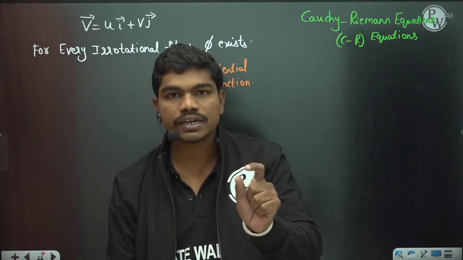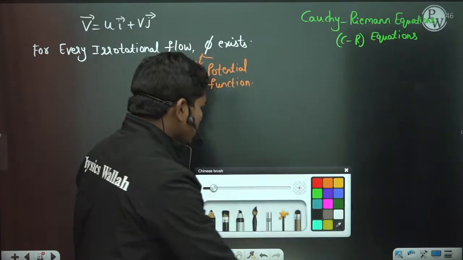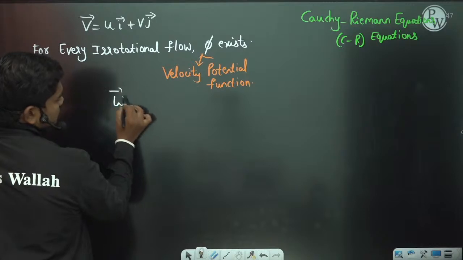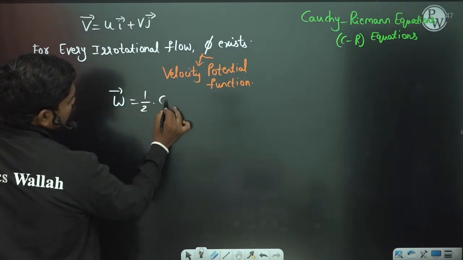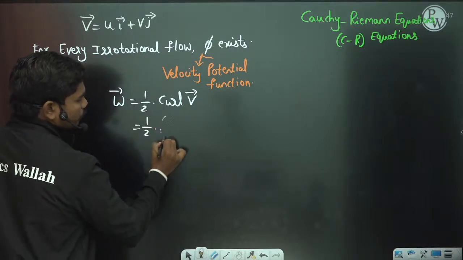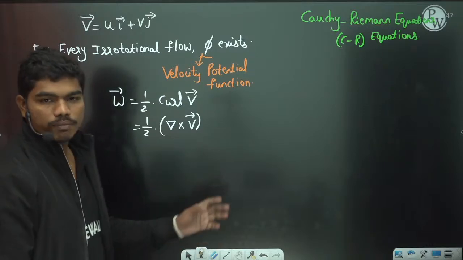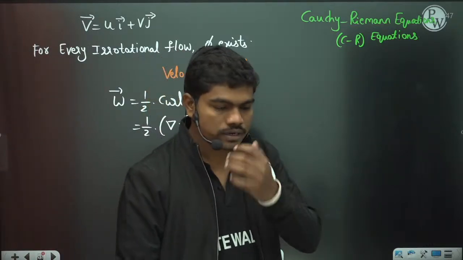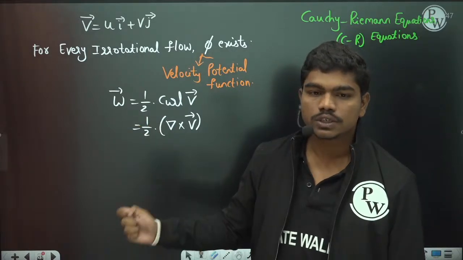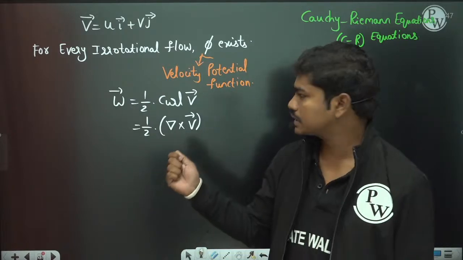Once you know the velocity vector, you calculate the curl of that velocity vector, because you all know the angular velocity vector is half times curl v bar, that is del cross v bar. I normally derive this equation in my fluid mechanics classes, but since this is a quick go, I'm just giving you the equations. So omega bar is equal to half times curl of the velocity vector, curl v bar.